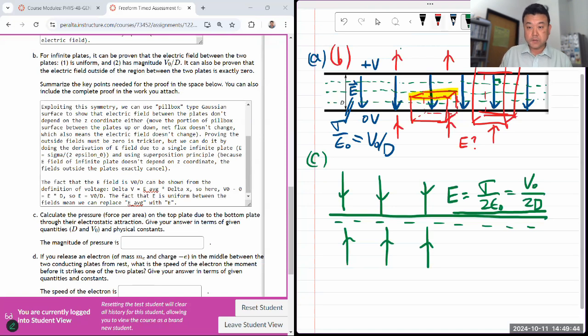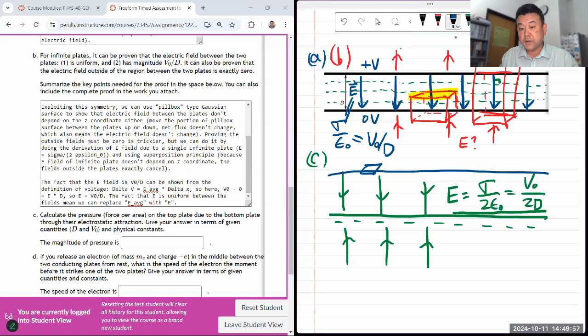So for the top plate, which is here, the distance doesn't really end up mattering anymore. So if you imagine a little surface area element, the amount of force being pushed this way, the force would be the electric field times a small amount of charge dq.